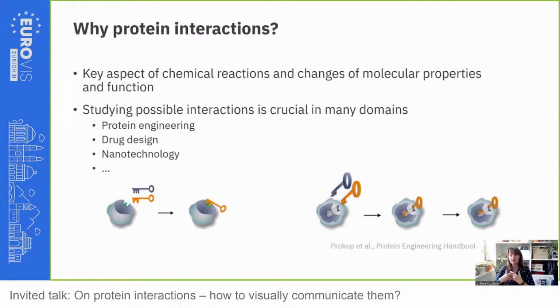If the reaction is happening on the protein surface, which is on the left side, it's basically just the key locking to the surface itself. On the other hand, there are also other types of reactions which happen deep inside the protein itself. This is the second case in the second image, where I have to enter the key first into the inner part of the protein and then find the right configuration over there.